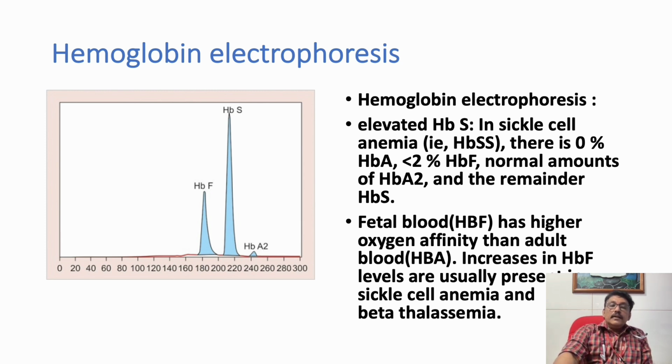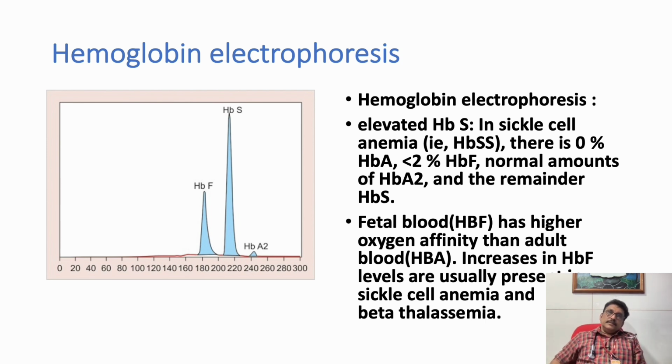HbF has higher oxygen affinity than adult hemoglobin, and if we increase the HbF levels, we can possibly treat or manage the patient who is having HbS or sickle cell disease.